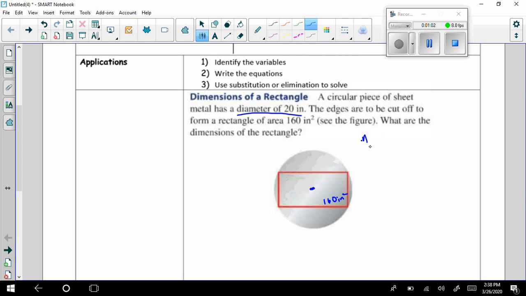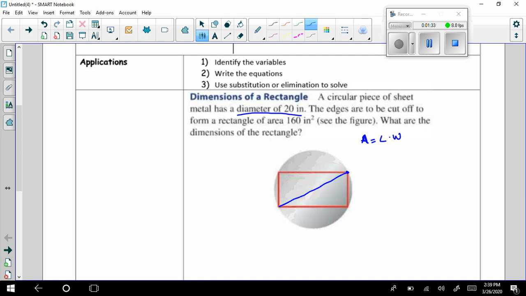Remember, area of a rectangle is length times width. We don't know either the length or the width of this rectangle. We do know that the diameter is 20, and you can draw a diameter anywhere. I could draw the diameter here, or here. But in terms of this rectangle, I can erase those and draw the diameter from here to here.